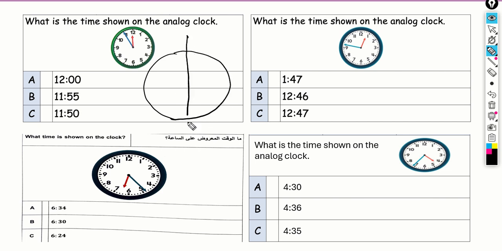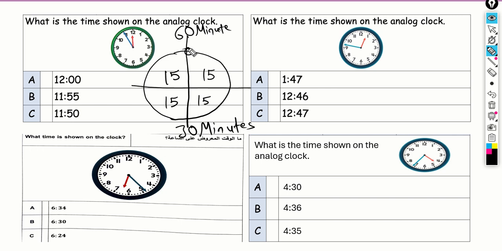When you do half, this will give you 30 minutes. If you make 4 intervals, each one is 15 minutes, 15 minutes, 15 minutes, and again 15 minutes. And if you move one whole round, this will give you 60 minutes.